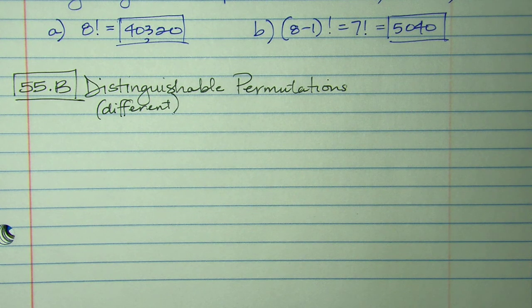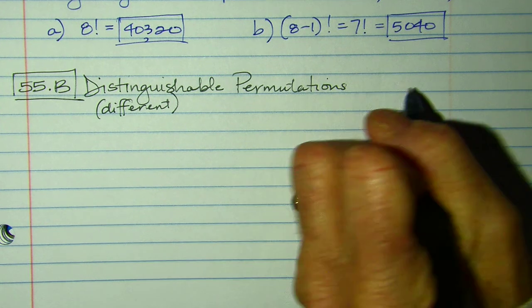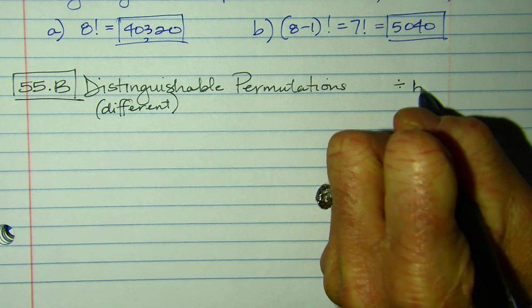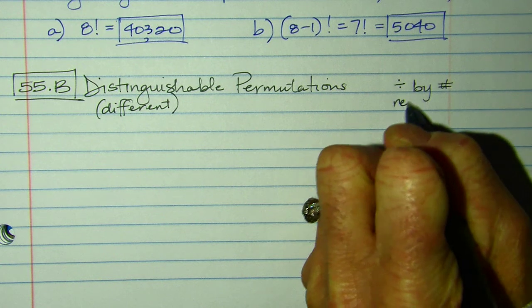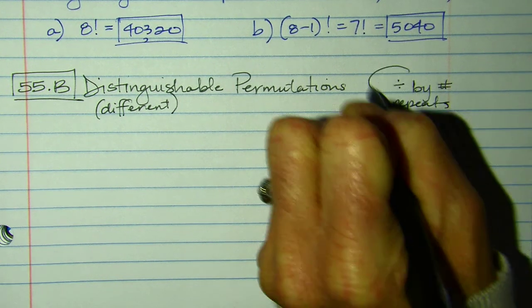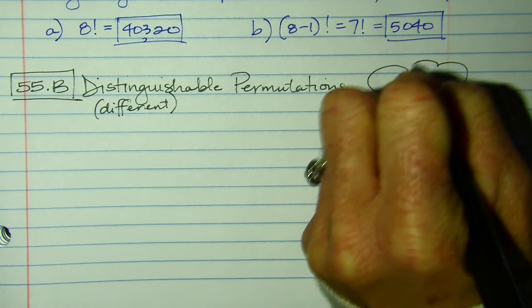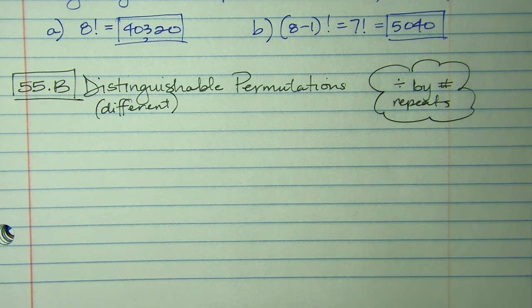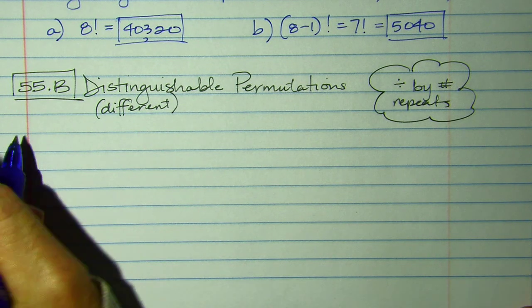And different meaning I can't repeat any single order. So in this section you will have to divide by the number of repeats. And this is actually a review from Algebra 2. We did cover this section there. So I'm going to do 2 examples with you, and that should be enough.